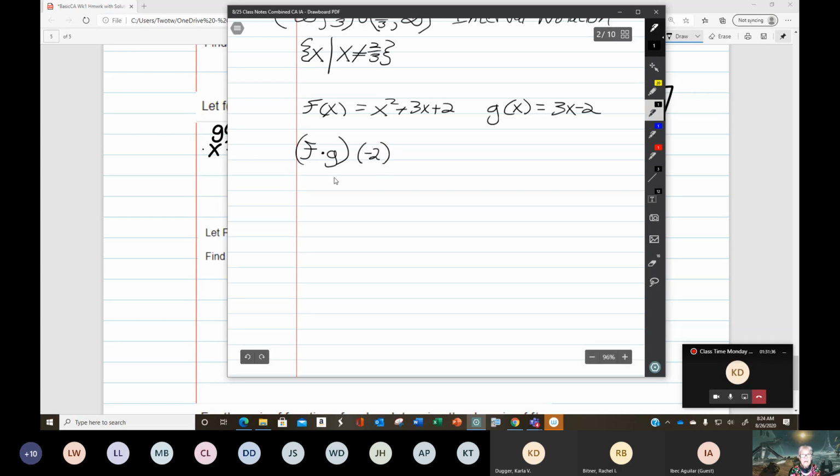Not an x this time, but -2. How do you do that? There's an easy way and a harder way.